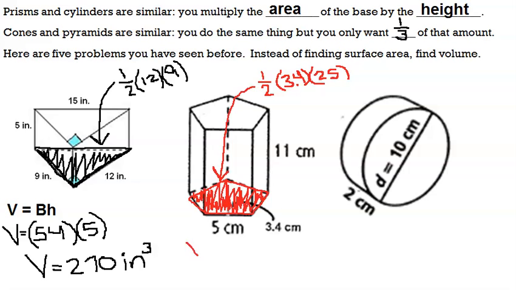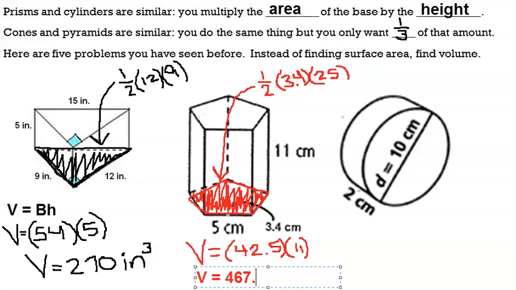And so if we're going to do the volume, we're going to do the area of the base, which if you take that number and multiply it all out, you're going to get 42.5. And then you're going to multiply by the height, which is 11. And you find out that the volume is 42.5 times 11, which is 467.5.